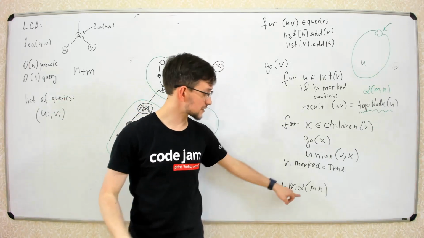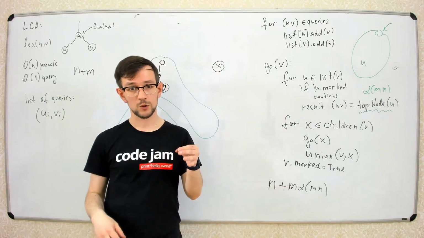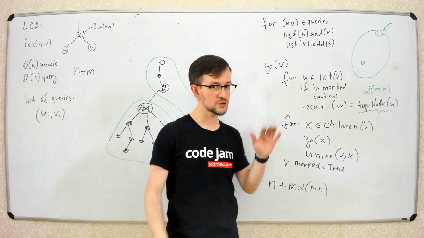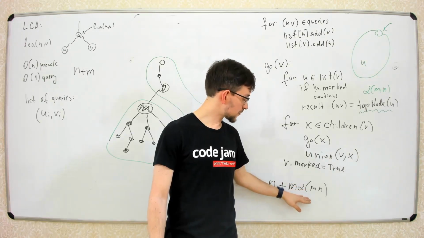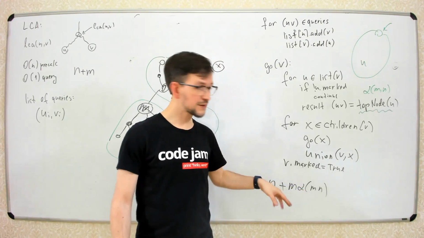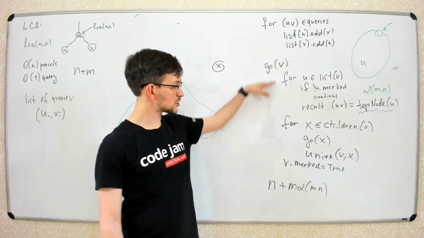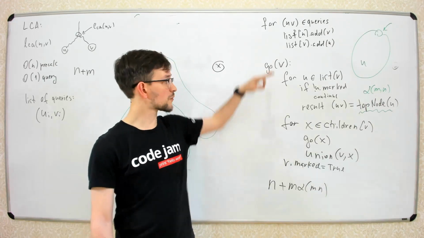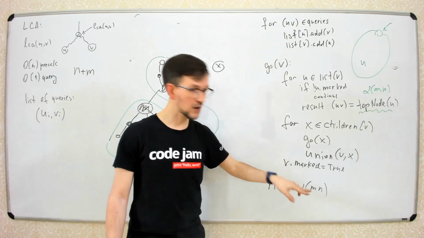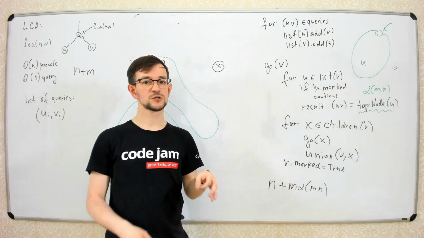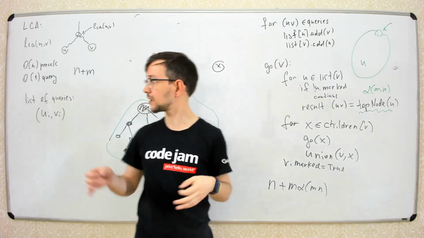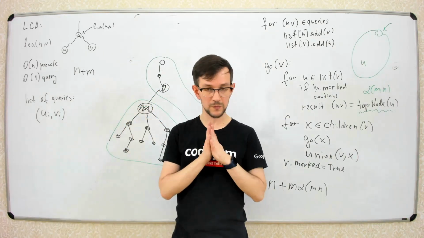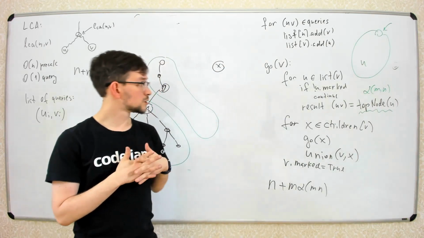But in practice, the inverse Ackermann function is very small, usually not more than, let's say, 3 or 4. The constant factor is also small because all operations here are pretty simple. So the real time of this algorithm is actually better than all this complicated stuff. It's quite good in practice.